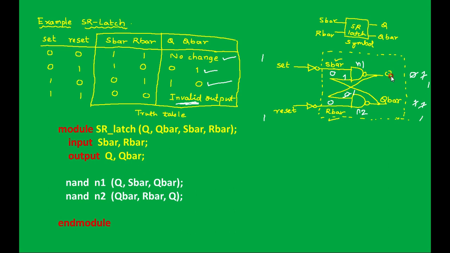So Q is the output. For N1, inputs are S bar and Q bar. It behaves like a 2 input NAND gate. If you write one more input, it will behave like a 3 input NAND gate, one more term and it is a 4 input NAND gate, like that. In this case we have written 2 inputs, so it behaves as a 2 input NAND gate.